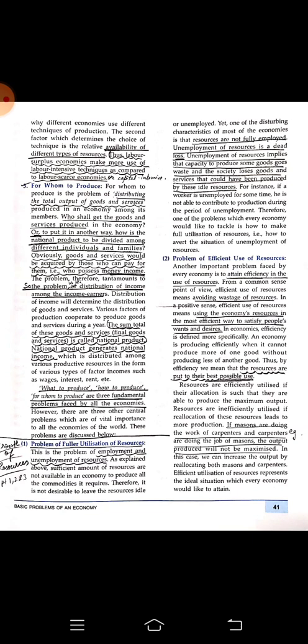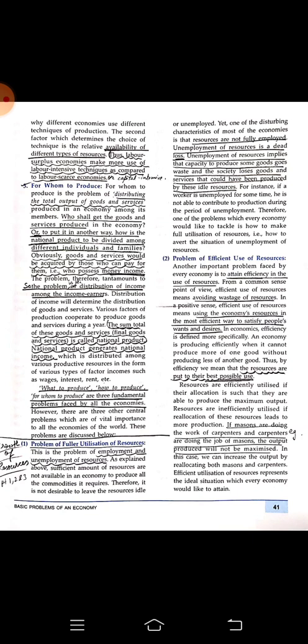Obviously goods and services will be acquired by those who can pay for them, that is, who possess money income. So the problem is the distribution of income among the income earners. Here they are trying to say that for whom to produce means those who are going to pay us, for them we are going to produce. So the actual problem is the money income.